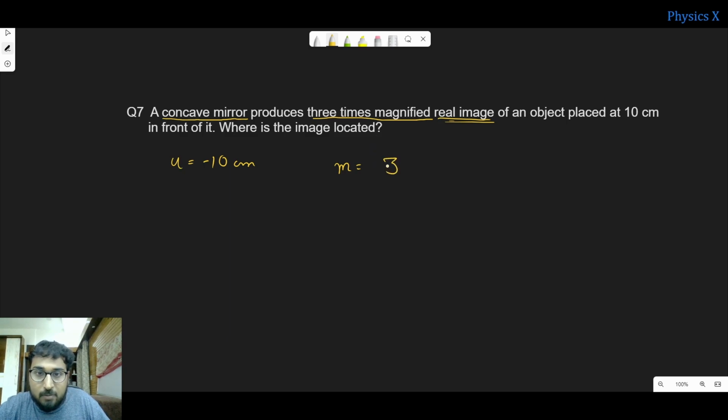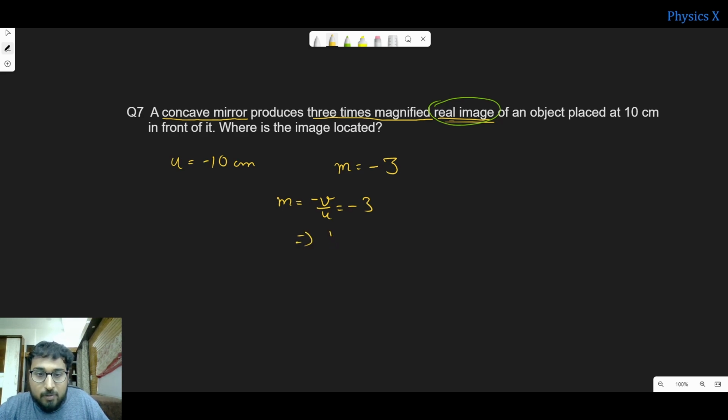So it is 3. But now please pay attention to this. Real image. Real image means that the sign is negative. The magnification is negative when it is a real image. Also, we know that m is equal to minus v by u, which is equal to minus 3, right?